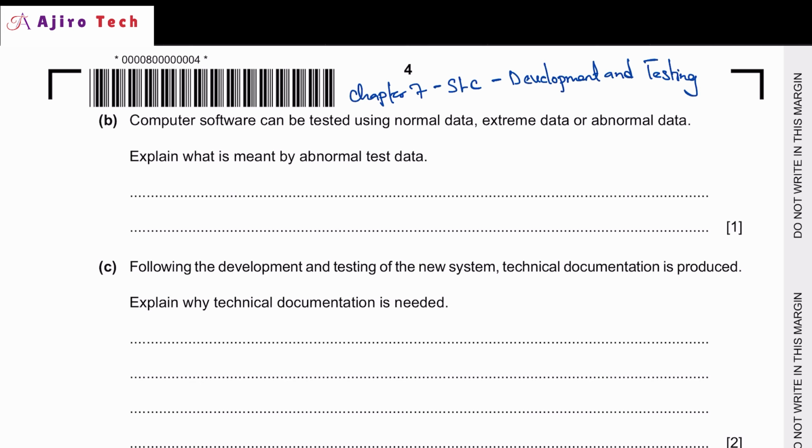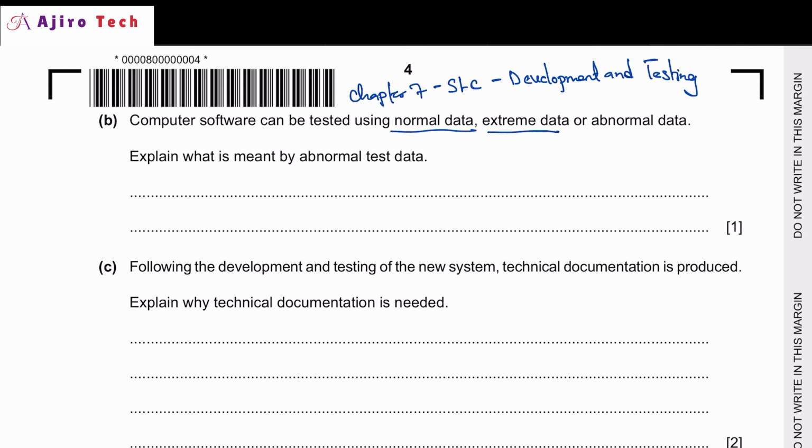Let me explain everything here. Normal data is data that is acceptable within the range of acceptability, while extreme data is data at the limit or boundary of acceptability, and it is valid. It has two end values: the beginning or lowest, and the highest, the first or the last.